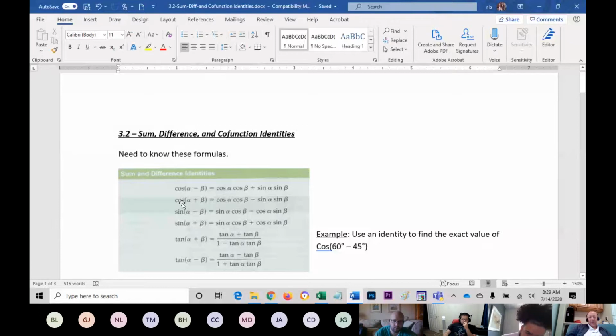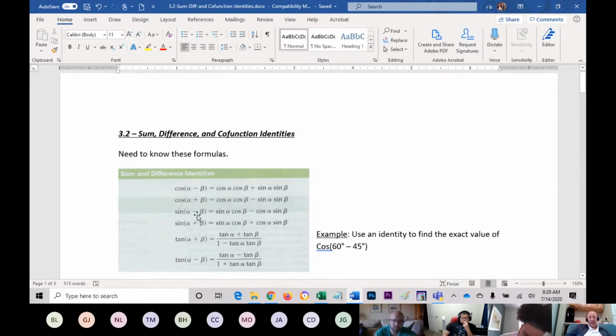Same thing here. You think of it as distributing. You're not distributing, but this is just a kind of memory aid here. You're distributing the cosine alpha beta here, then you go with the opposite sign, and then you switch over to the sine of alpha and beta. So that's how you'll remember this one.